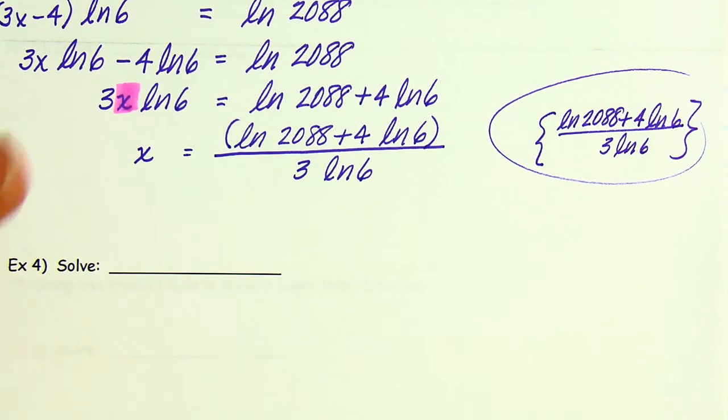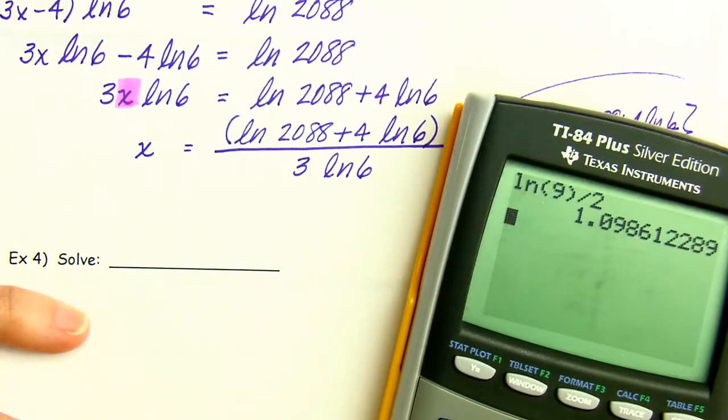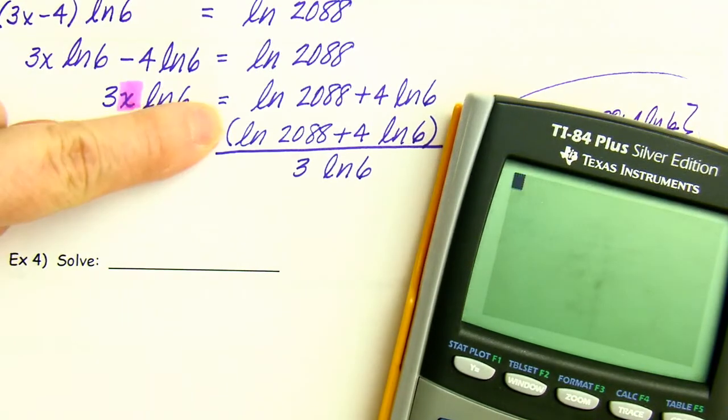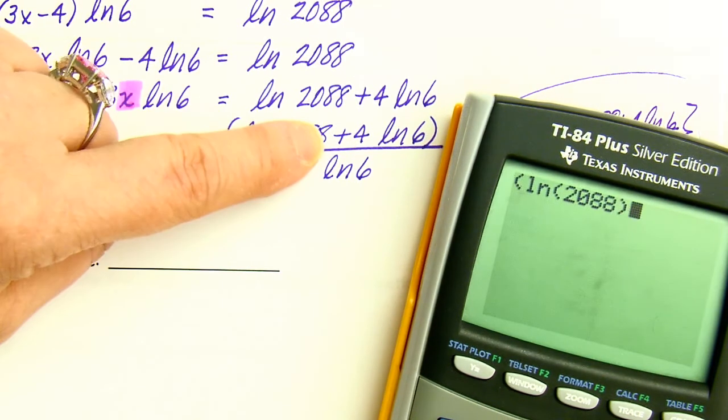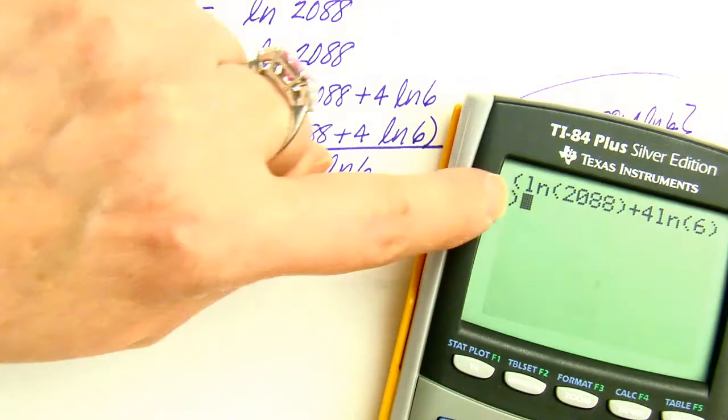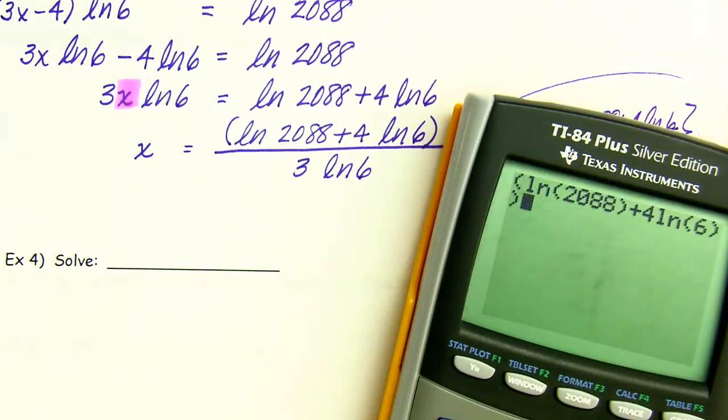Now, you need to watch your parentheses here, and please practice this. I'm going to group this on my calculator. Natural log 2088. On the calculator, open a parenthesis. I need to close it. Plus 4 ln 6. Close. Close. This second parenthesis is closing that first. Divided by.